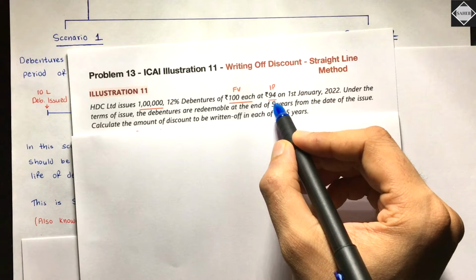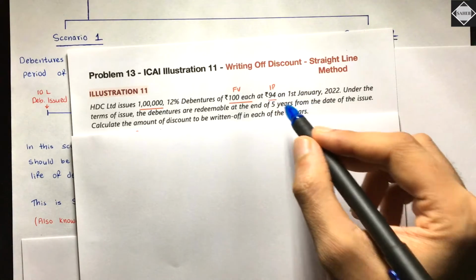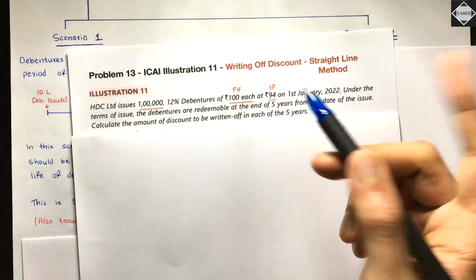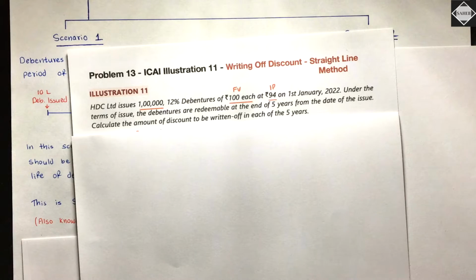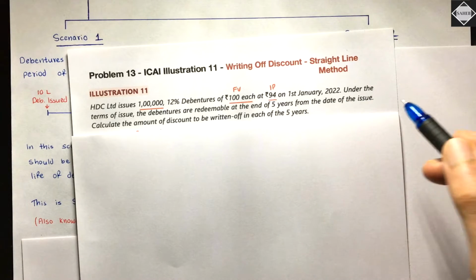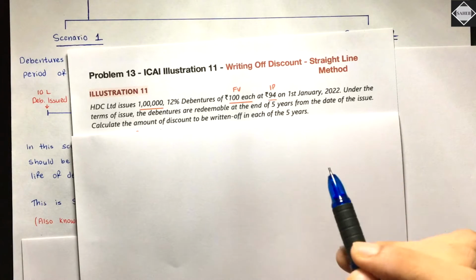Add rupees 94. You see, they have been issued at discount. How much discount? 94 they are saying. So 100 minus 94, that's 6 rupees. 6 rupees discount they have given, on 4th January 2022. Under the terms of issue, the debentures are redeemable at the end of 5 years.